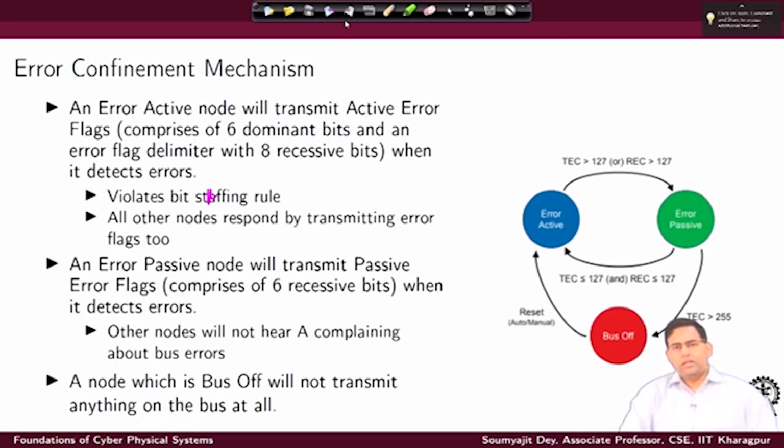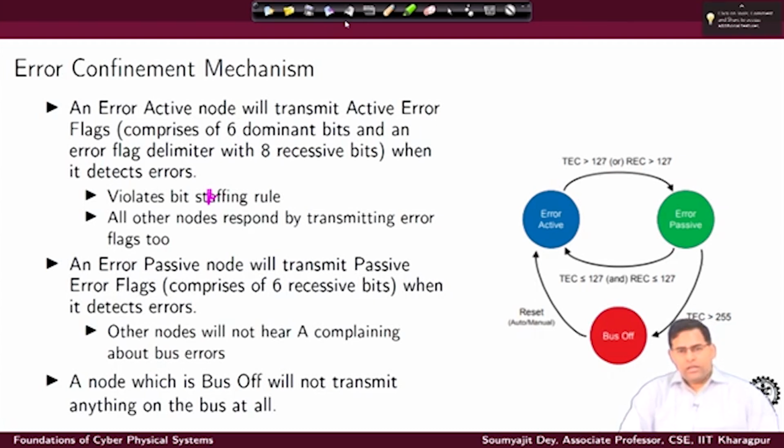That's the difference, but in both these modes, more specifically in the active mode, we are able to do our normal transmissions also. Whenever we face this particular kind of error, we transmit the error flags, and whether they are acknowledged by the other nodes is the distinguishing factor between the error active mode and the error passive mode, right?